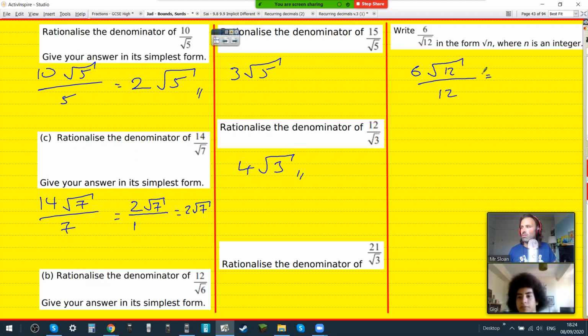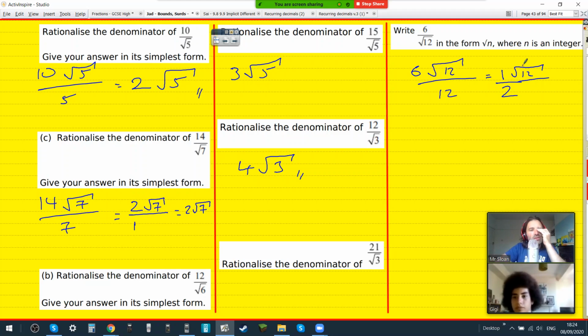So that would be 1 over 2, should be just root 12. Be root 12 over 2. A half root 12.